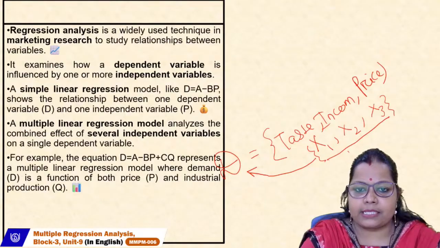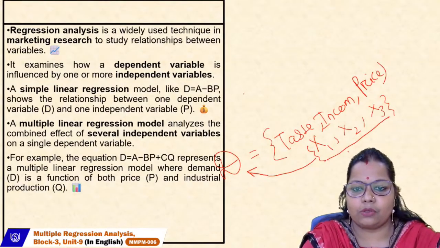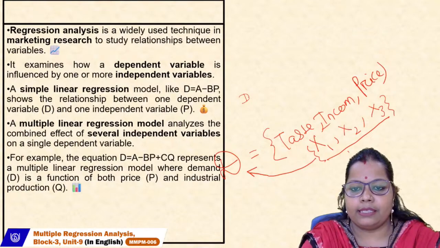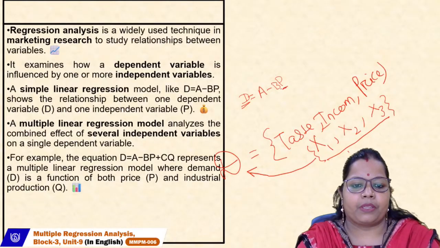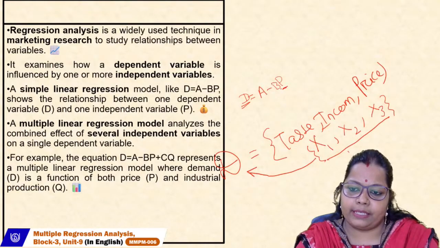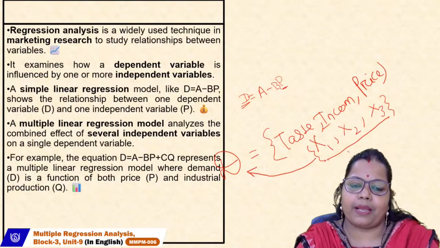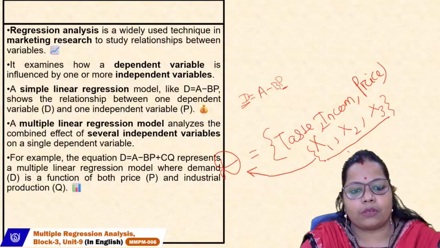So, in the previous example, D is equal to A minus BP. Here D is the dependent variable, but the only independent variable was P. So price was the only factor which was impacting demand, as we previously knew.